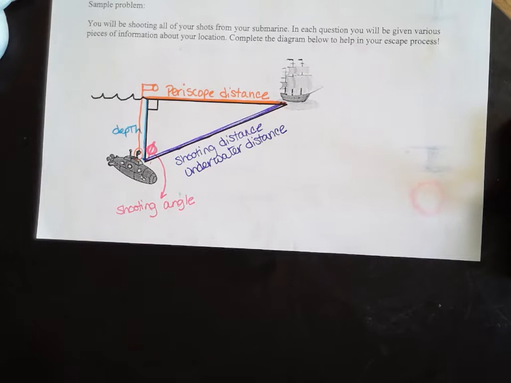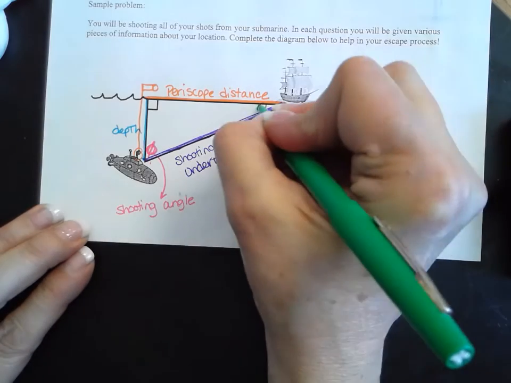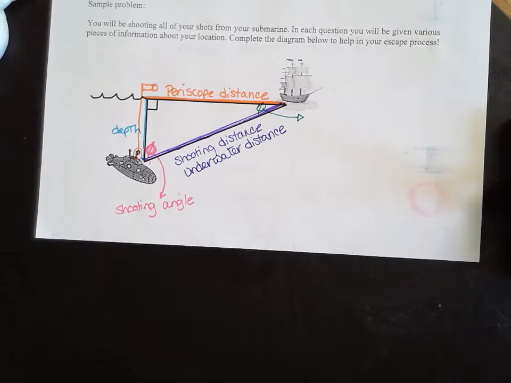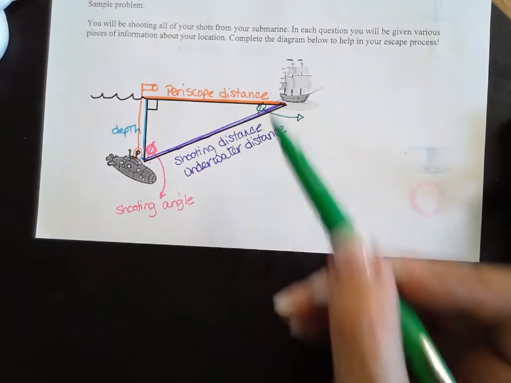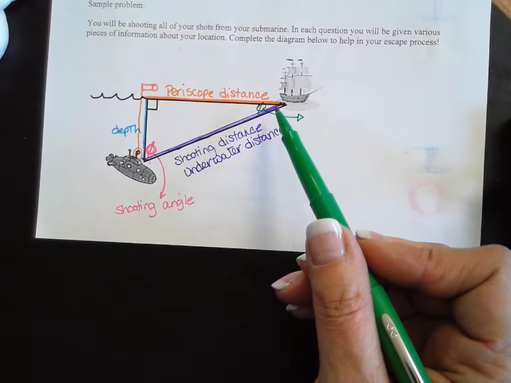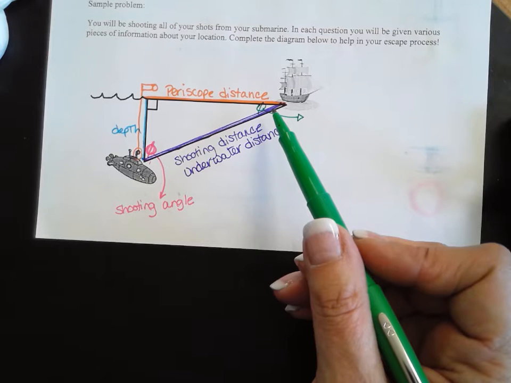And let's see, last but not least, how could I describe this angle? If you're on the ship and you're getting shot at, what do you yell?